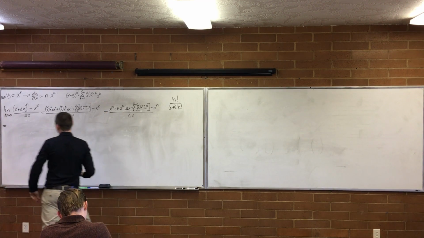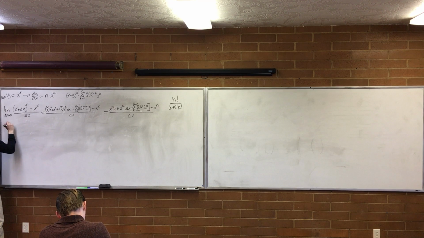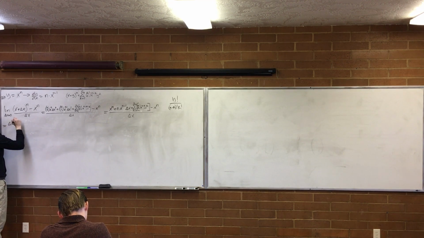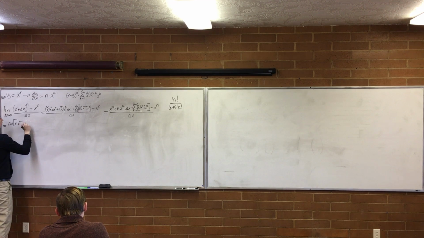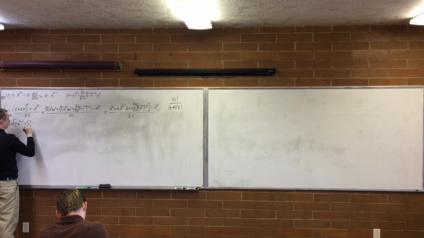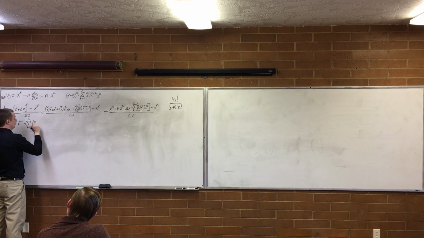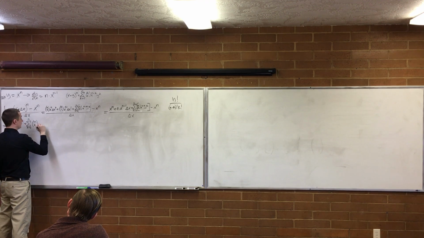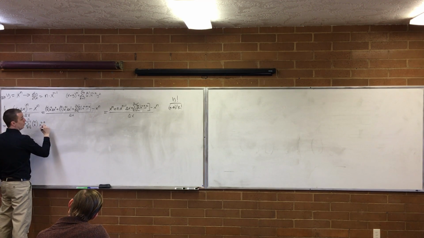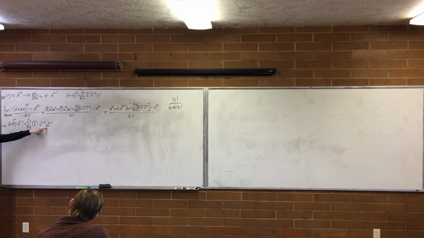So I've got delta x times n x to the n minus 1, plus the sum from k equals 2 to n of n choose k x to the n minus k delta x to the k minus 1, because I took out a delta x from every term. So now there's one less in there than there otherwise would have been. Does that make sense?